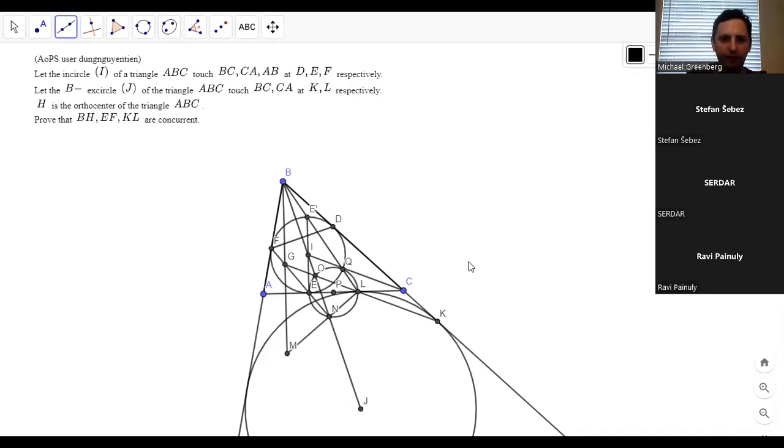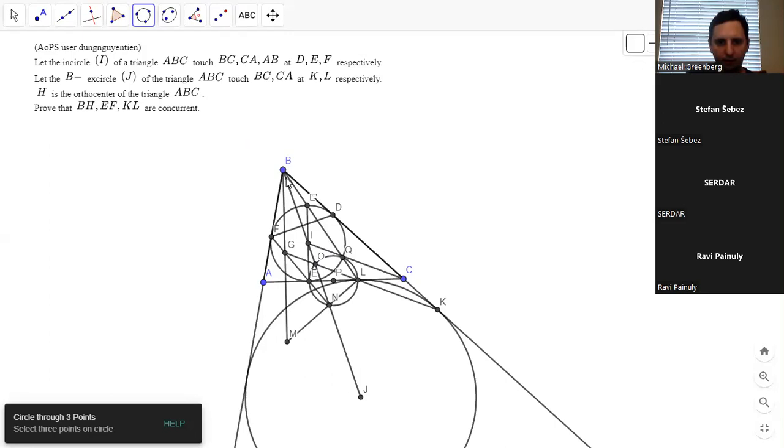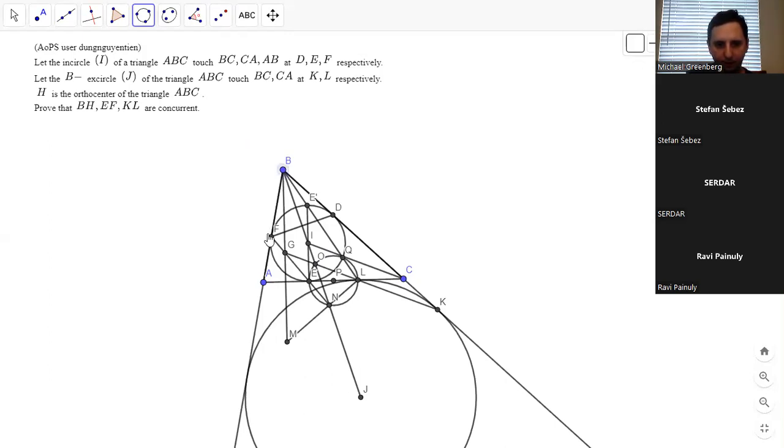Oh, sorry, that's not how the Iran lemma works. But if N is the intersection of EF and BI, then the Iran lemma basically says that angle ENL is 90. So that's true.